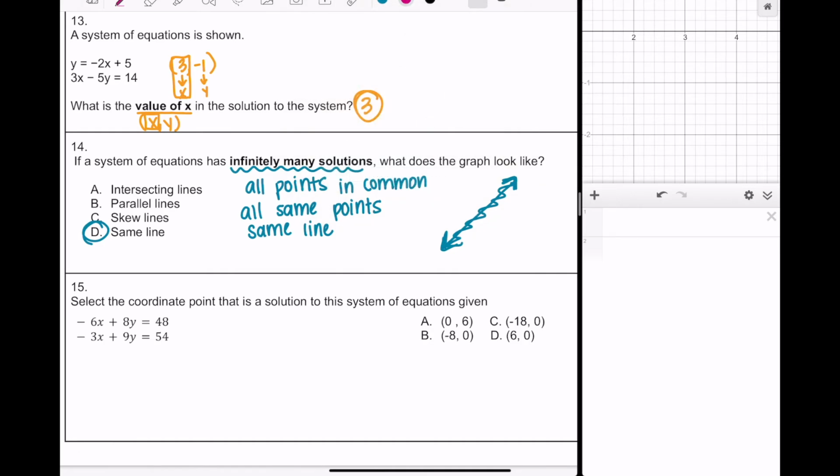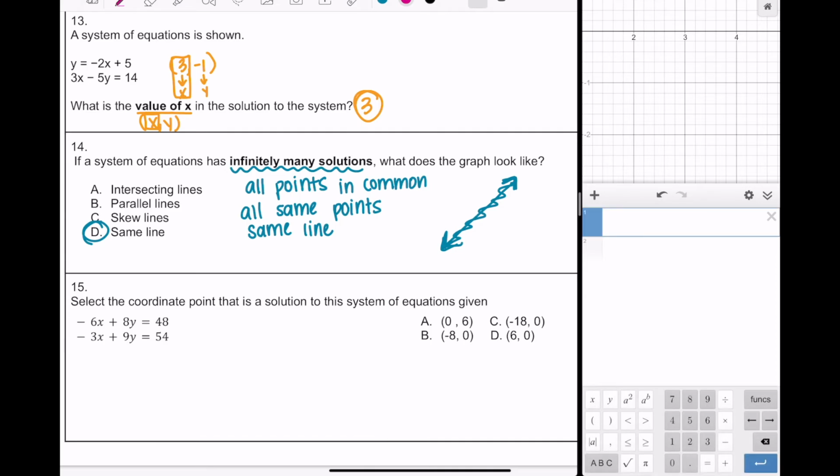Number 15, select the coordinate point that is a solution to the system of equations given. So we're going to graph these. Negative 6x plus 8y equals 48. Equals 48.